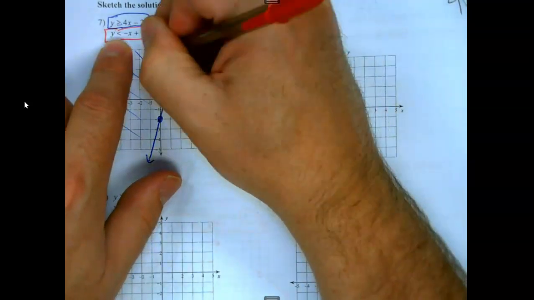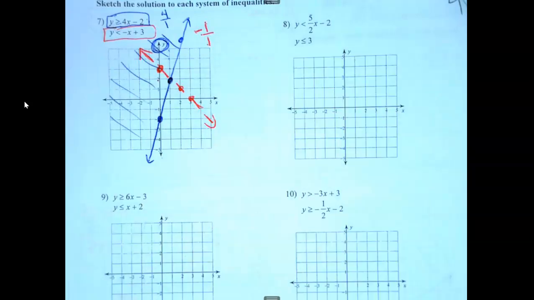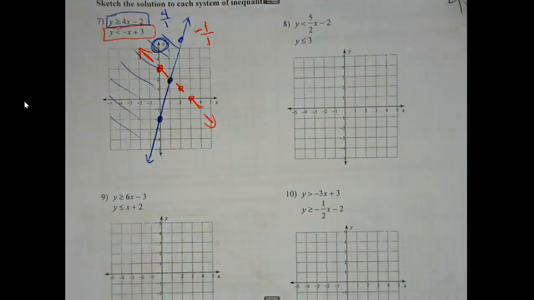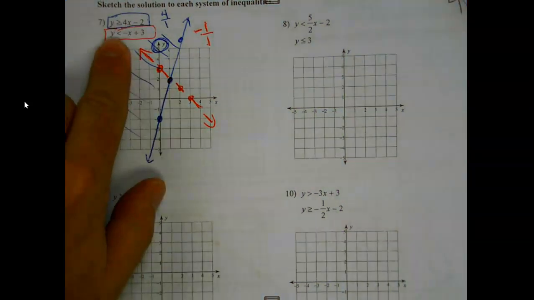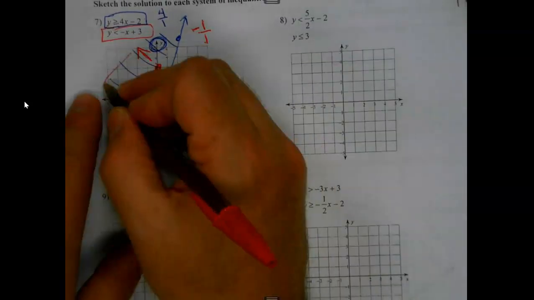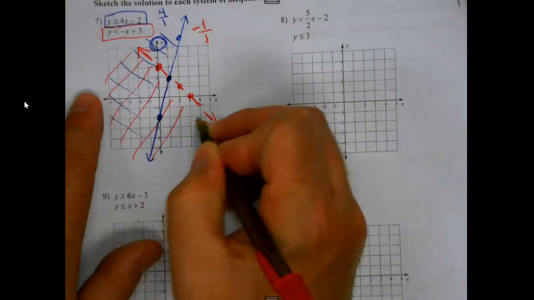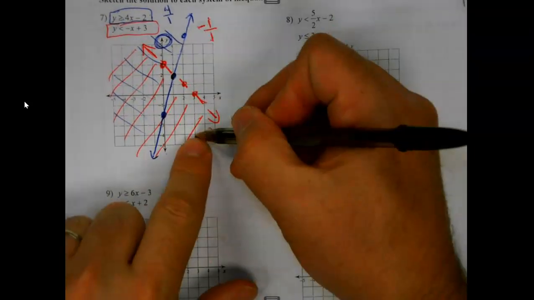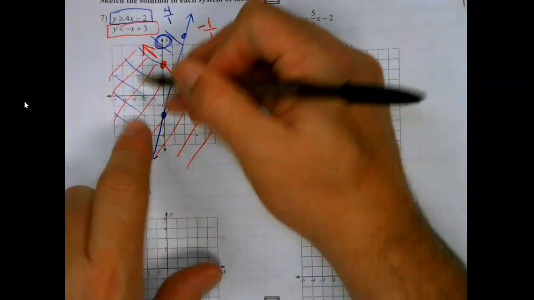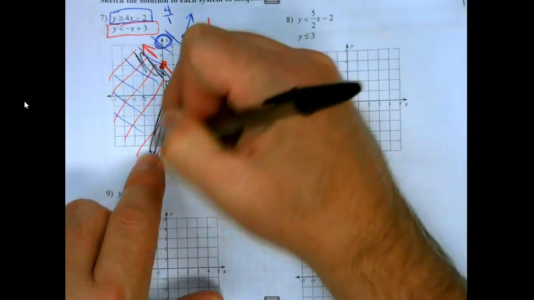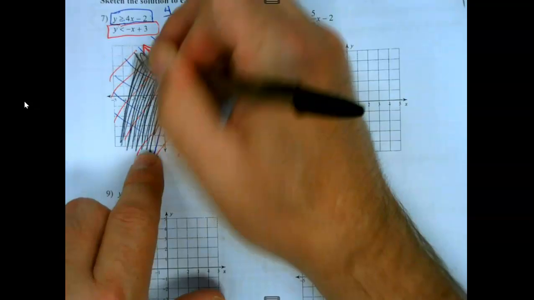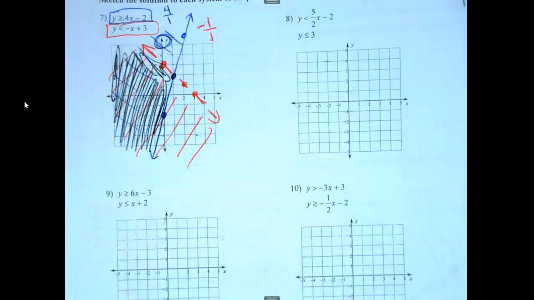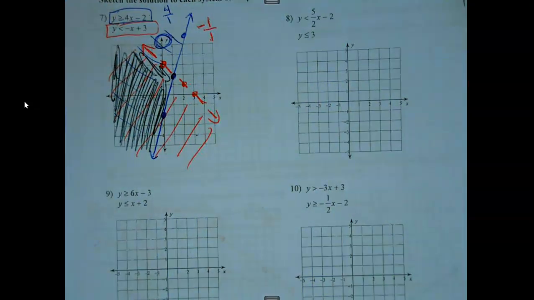So this one, we're dotting our way through. Arrow pointing at y is less than, which is below the line. And I'm looking for that spot that I'm seeing red and blue. Not just red, not just blue, but red and blue. So I get that colored in. That's it for my systems.